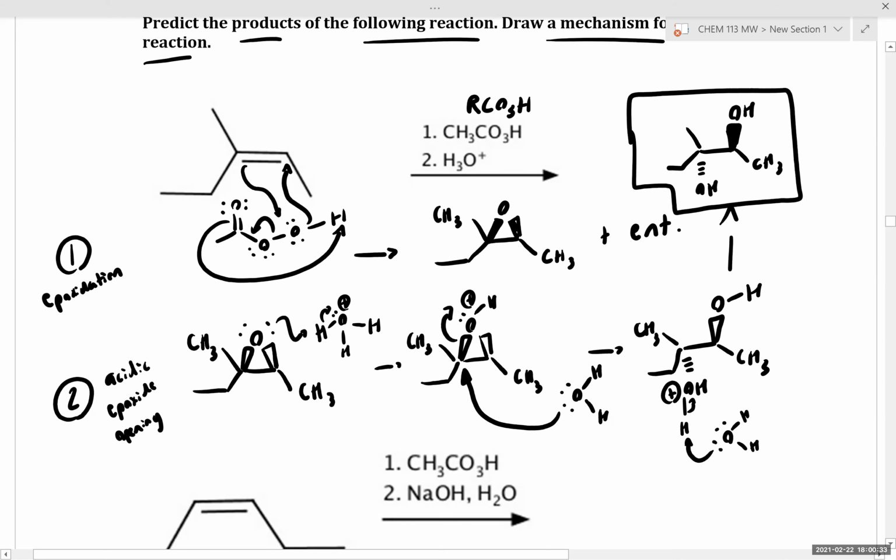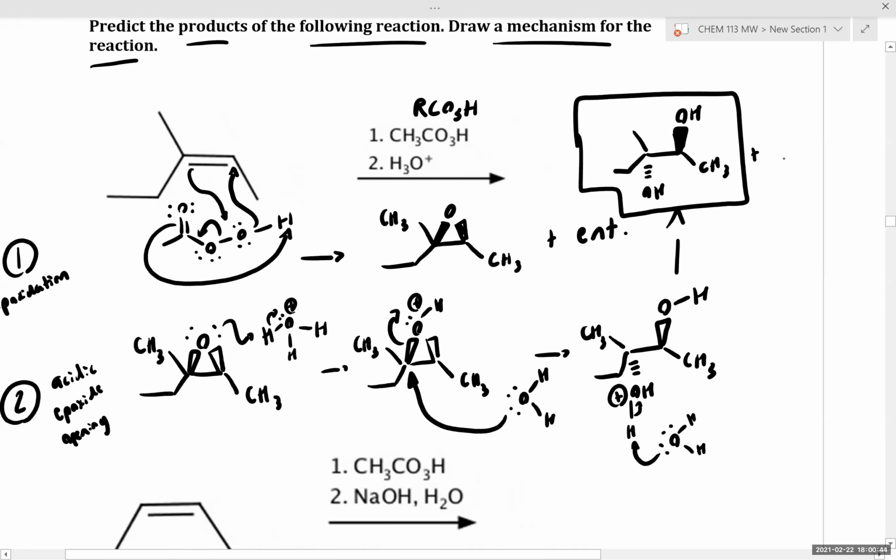Now, one thing I want to ask: is it okay for me to put the plus enantiomer? Do we have genuine enantiomers in this case? So let me draw out the other product that we would get. So here's the other product that we would get.